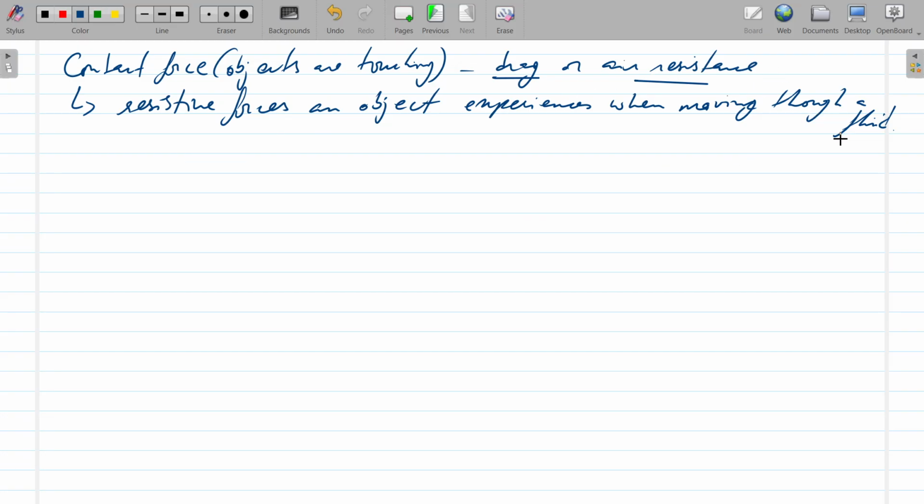Now, they're mentioning when a body is moving through a fluid, and we're talking about air resistance. So we can understand if you're moving through water and you're experiencing sort of resistance when moving through water, that's a fluid.